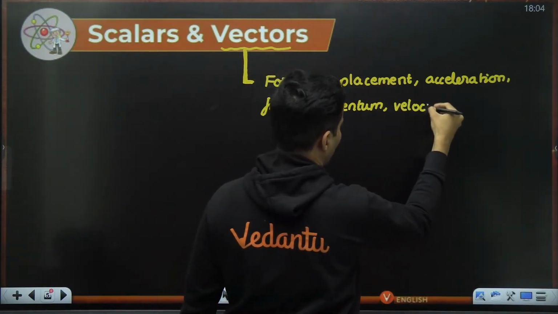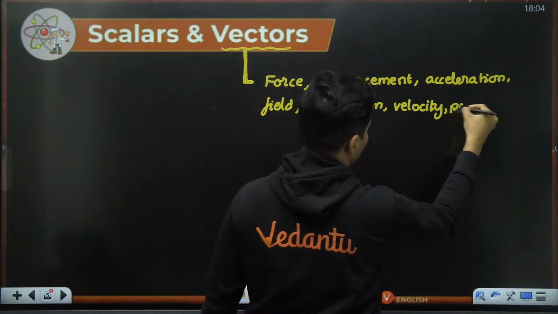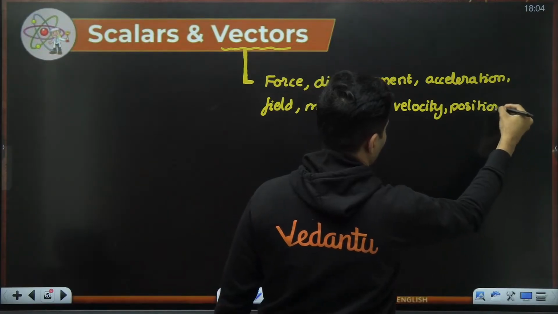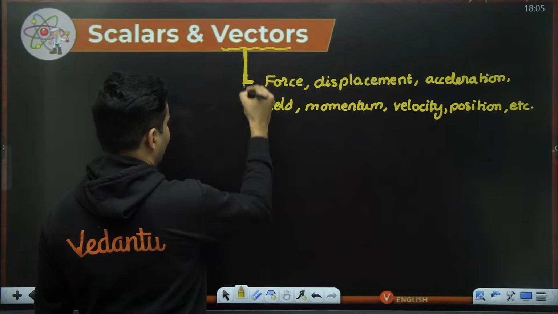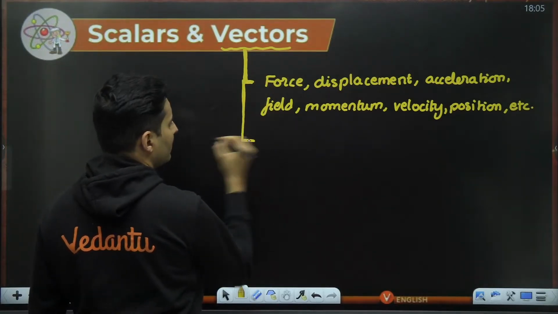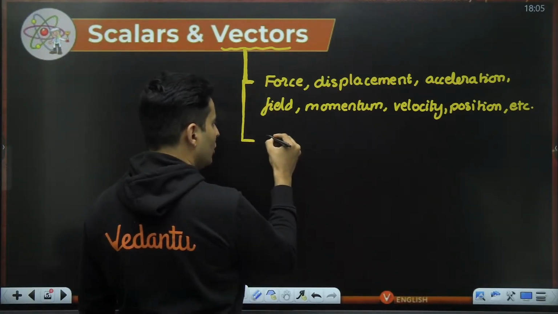Velocity, position, so many others, etc. These are all vector quantities.